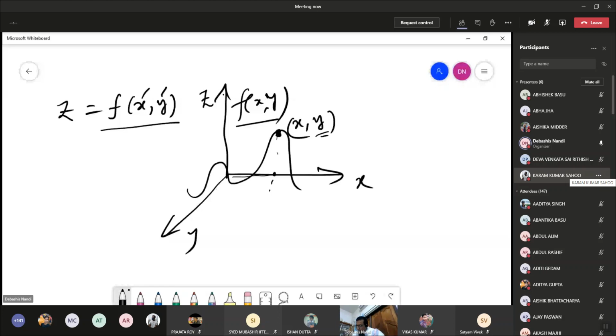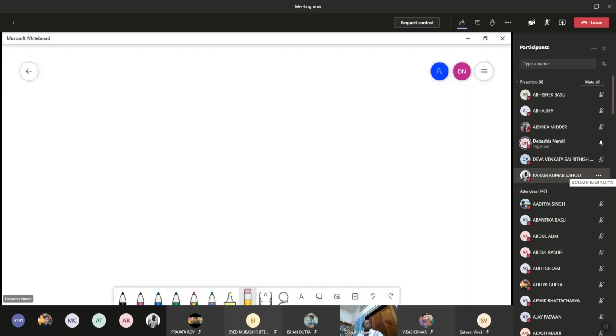And the height of this point from the xy plane will give you the value of f(x,y), or the value of z. So this is your two-dimensional signal. Can you give one example of a two-dimensional signal? Yes, it is an image. You know, image, photography.